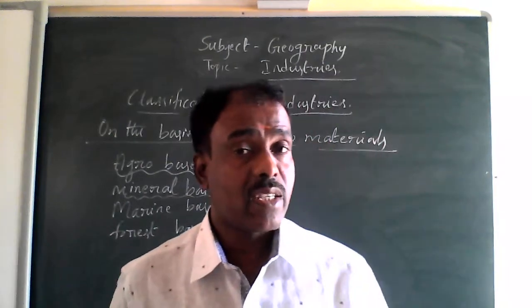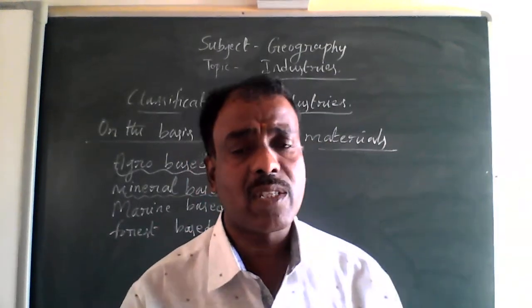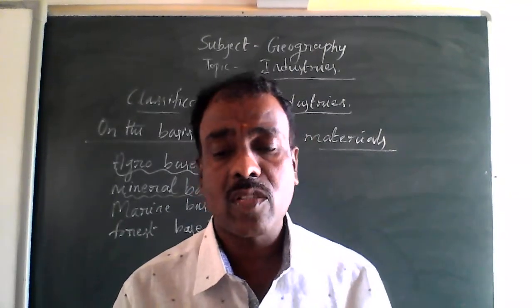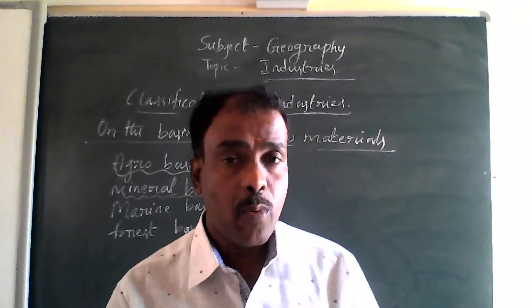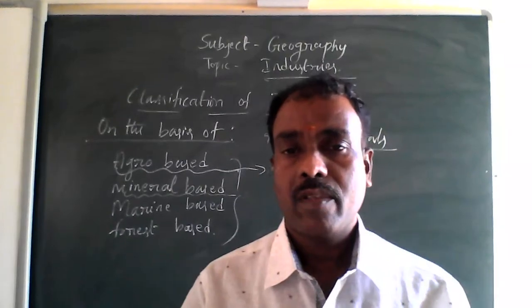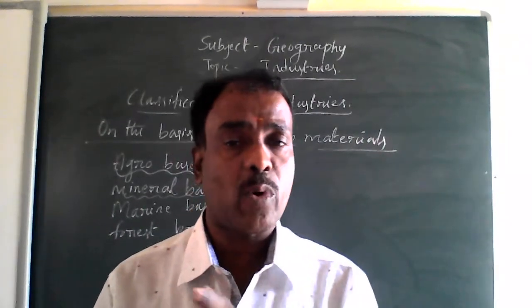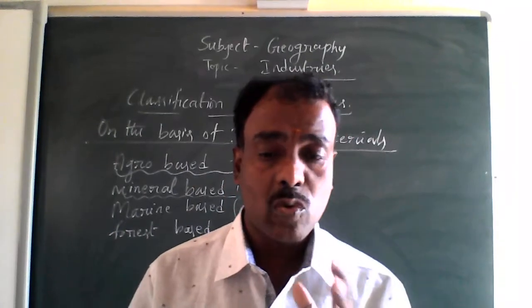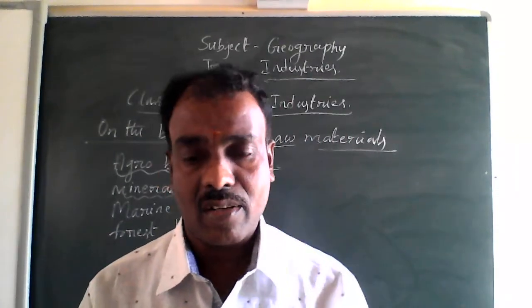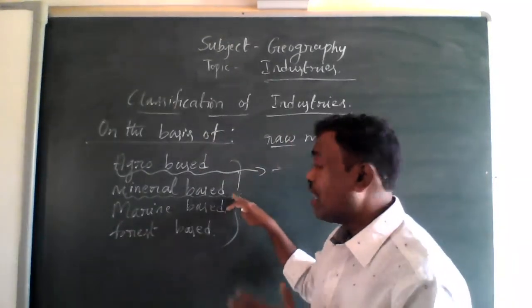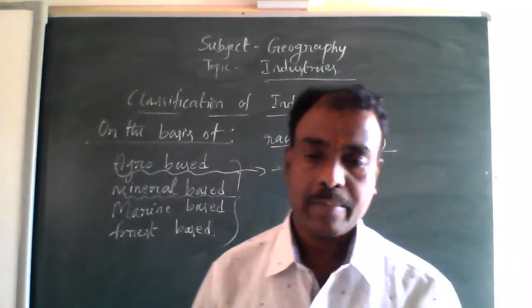So the heavy machineries, most of the machineries are made of iron and steel only. So that's what, dear students. It is an important raw material, and the iron products, whatever they may be, show the economic condition also. Understood? So that is called a mineral based industry.